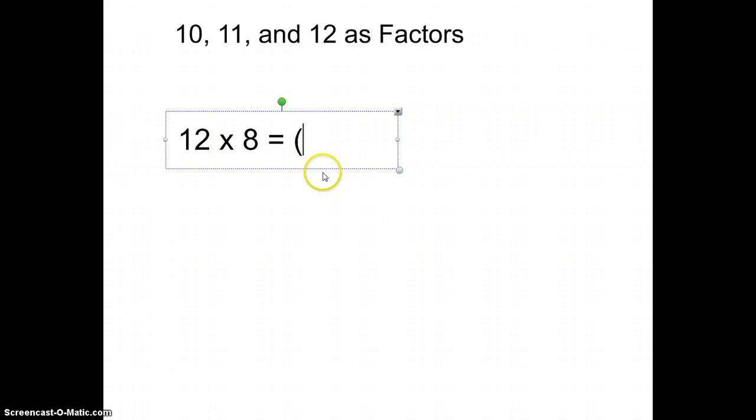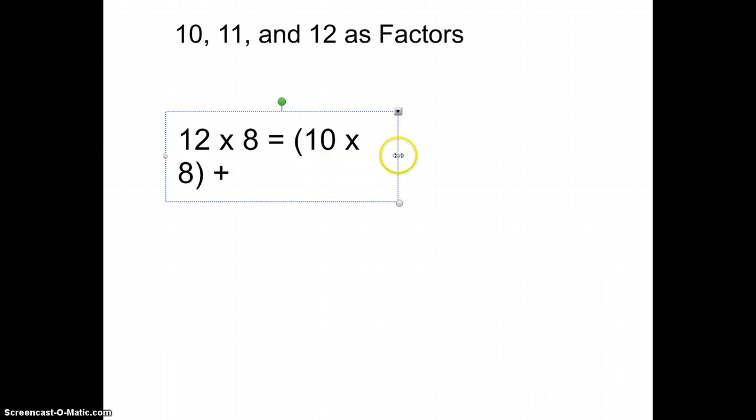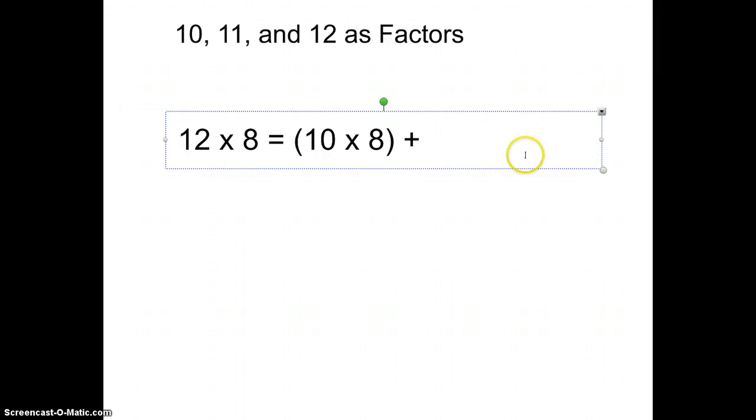So I'm going to say the 12 is going to become a 10. Leave my 8. I'm going to add that to a 2 times 8. Again, this 8 right here stayed the same, right here and right here. I just made the 12 a little easier to deal with because don't we know what 10 times 8 is?